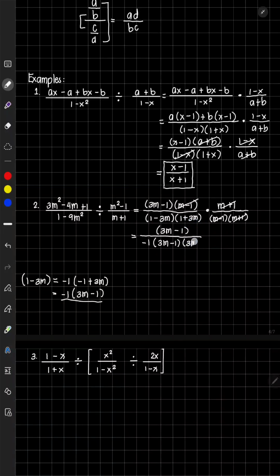So we have 3m plus 1. So this will be cancelled out. And the final answer would be, so the negative here, we can also put that in the numerator. So this would be negative 1 divided by 3m plus 1. And this would be the final answer.